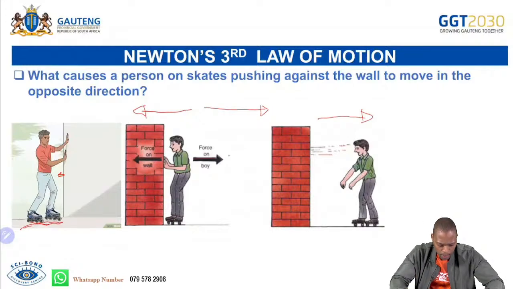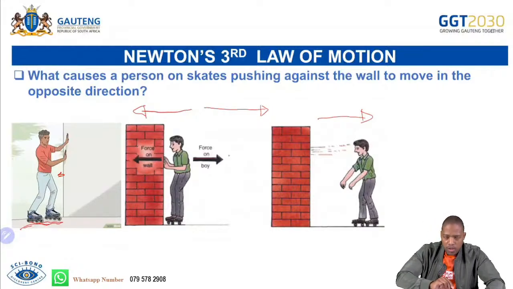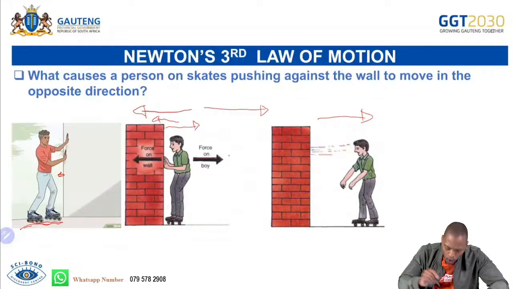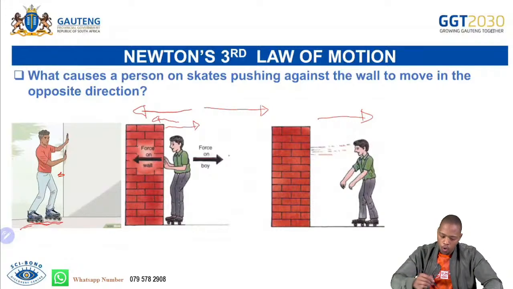this comes about. So, what Newton tells us in his third law is that when this person here exerts a force on the wall, the wall will also exert a force on the person. So, what causes the person to move according to Newton's third law is the force that is exerted by the wall on the person.